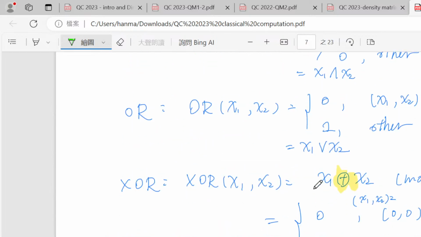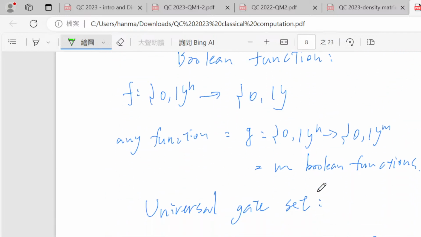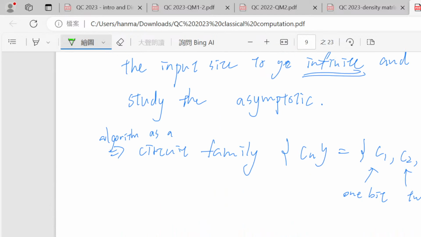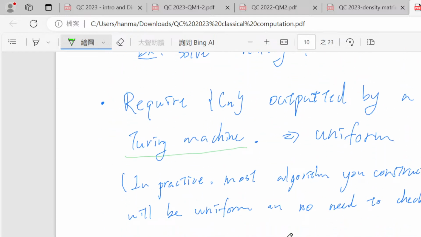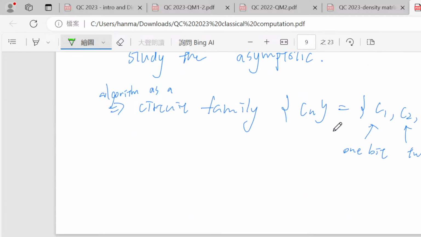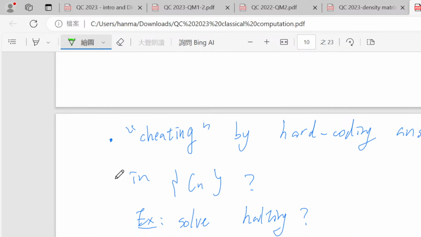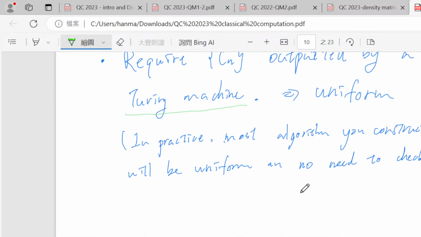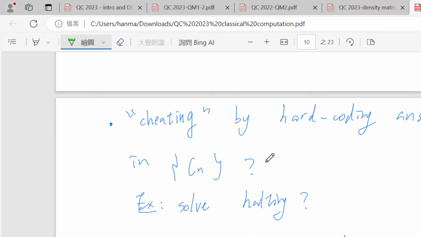In practice your algorithm is usually uniform, so you don't need to pay too much attention to this as long as your algorithm is reasonable. It's non-uniform only when you treat things like hard coding answers. But that's the concept of a uniform circuit family.